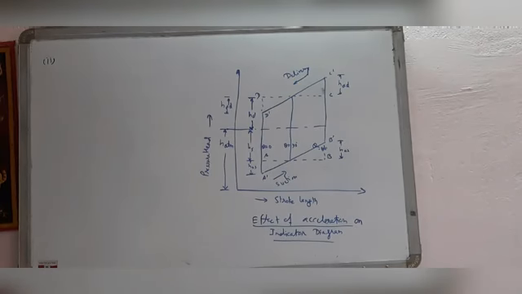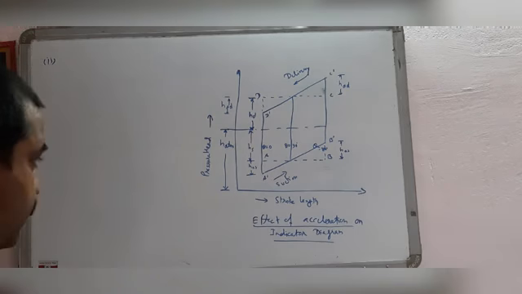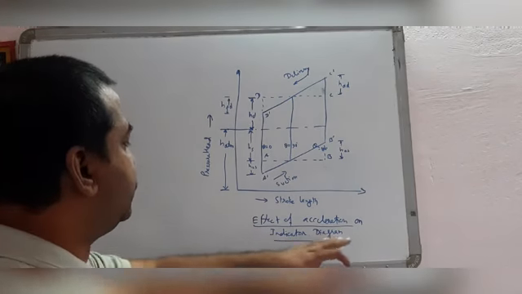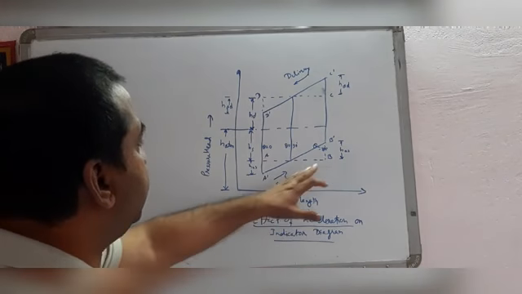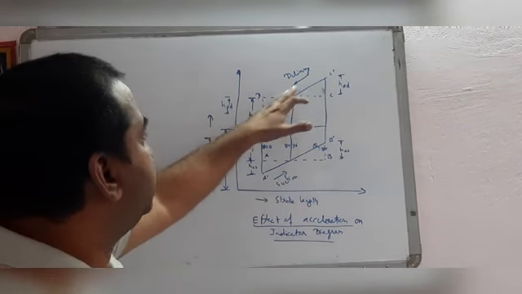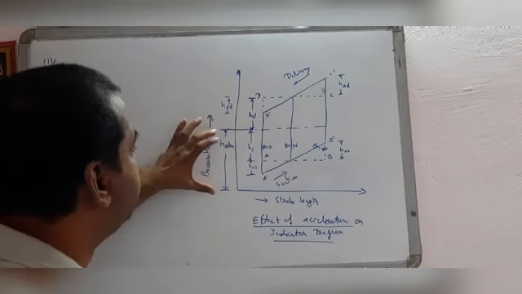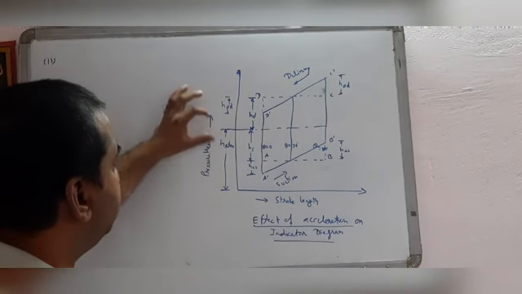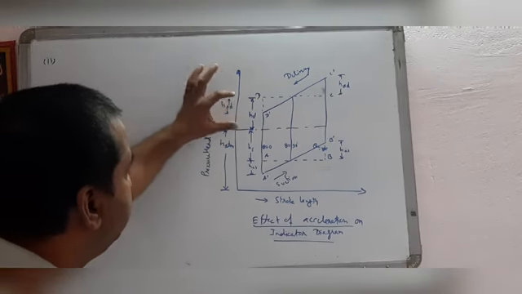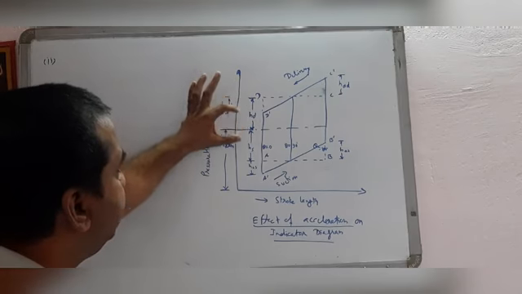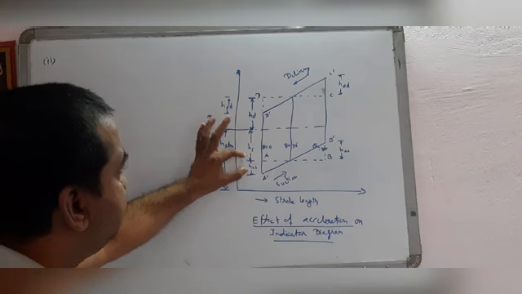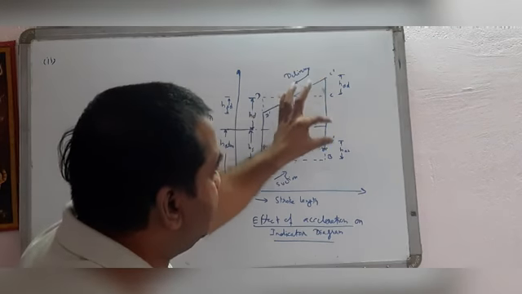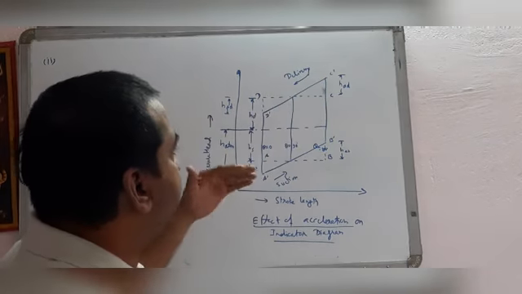Second, from this figure it has been shown the effect of acceleration on the indicator diagram. Here this is the suction stroke, this is the delivery stroke, this is H atmospheric, this is HAD, this is HAS.